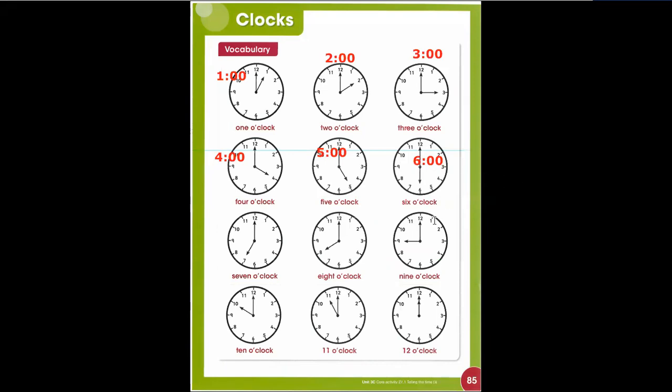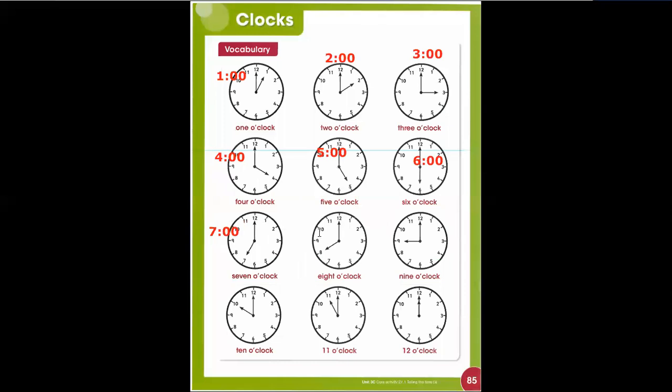Because I'm just seeing the needles, the small hand is on 7 and big hand is on 12. So this means it is 7 o'clock. Write with me, boys. 7, 0, 0.